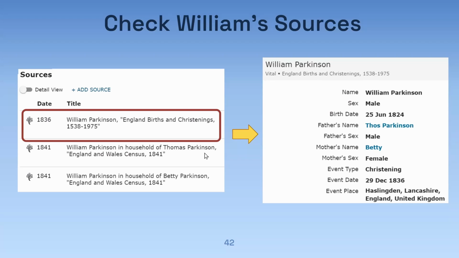The way it suggests, you remember on the person page, on the profile page, over to the right-hand side, there will often be record hints. And those record hints are records in FamilySearch historical records that FamilySearch thinks are probably about this person. The thing is, it uses sources that are already attached to find more sources.